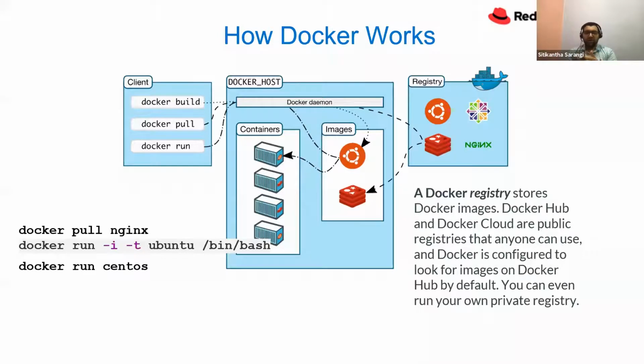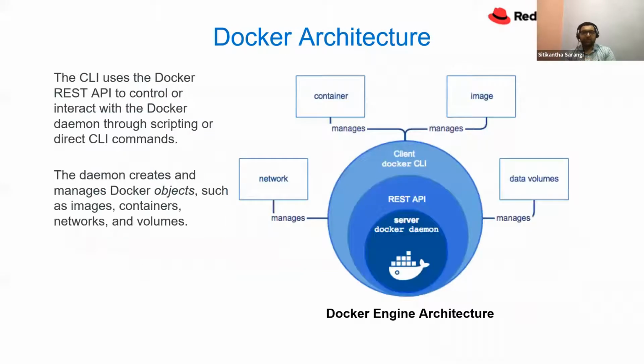Your nginx or the application that has been containerized will be running as a container runtime, and you can consider it as a container, isolated from the other processes running on the same operating system. So that is the basic idea behind Docker, and how we can issue these commands to create the container images out of your application code. Yeah, we can move on to the next one. So this is a classic Docker architecture.